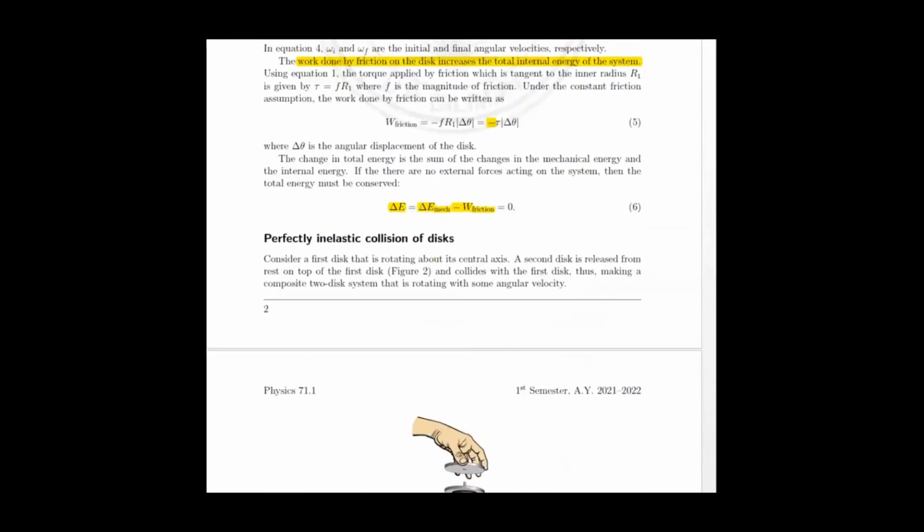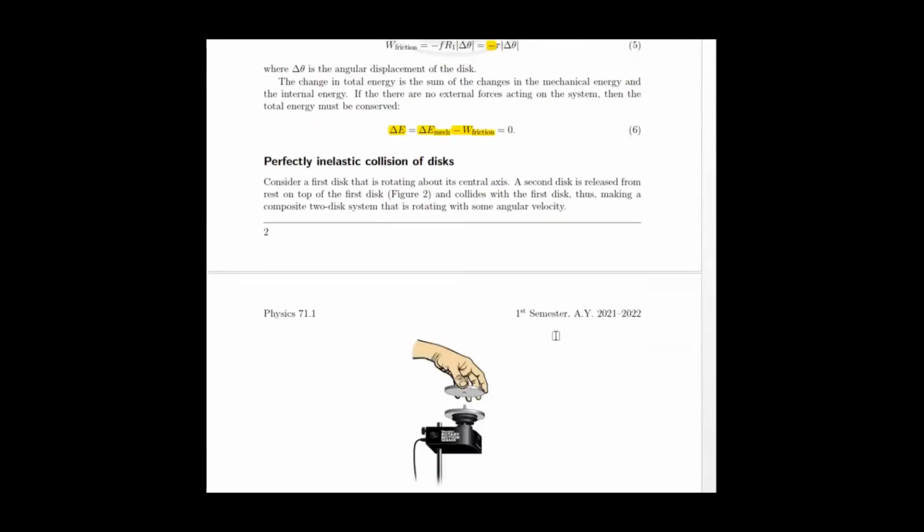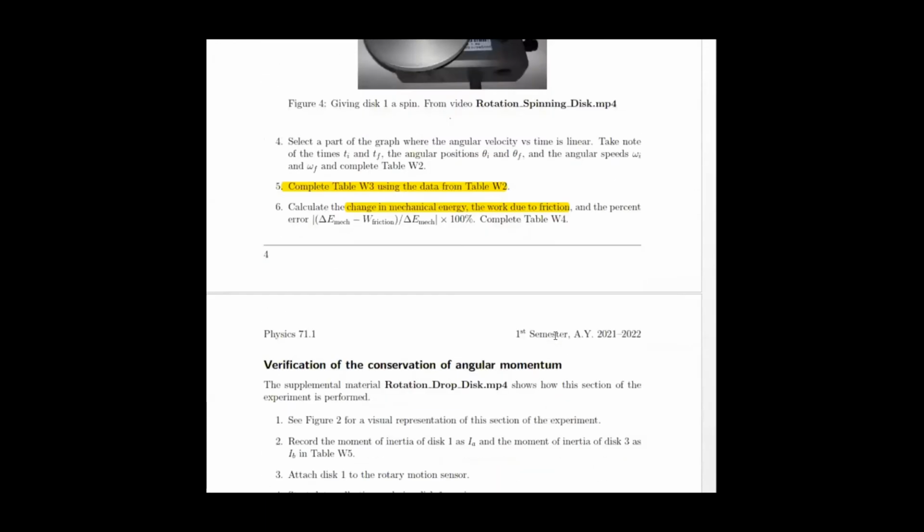So you have here your change in mechanical energy, difference in kinetic energies ito, work due to friction. So tau, delta, lambda. Ignore the negative signs for this experiment. Magnitude lang kailangan natin. And we want the percent error. So the percent error is already defined by this formula here. Nandito na siya.